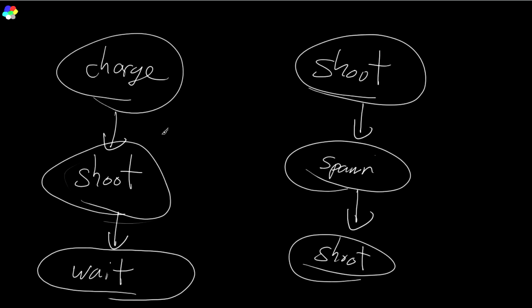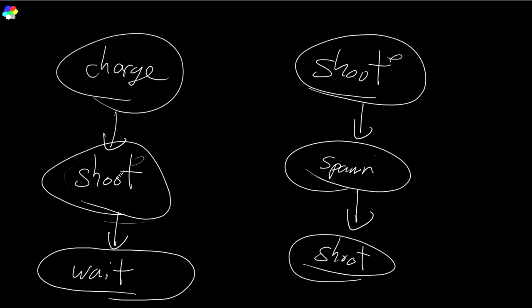In my system, the boss is going to have different patterns of behavior, and those patterns are going to have common actions. Maybe you have a pattern of charging the player, then shooting, and then a little pause. But you might have another pattern where you shoot, you spawn a little demon, and then you shoot again. So here we've got the same shoot behavior, but with different transitions.